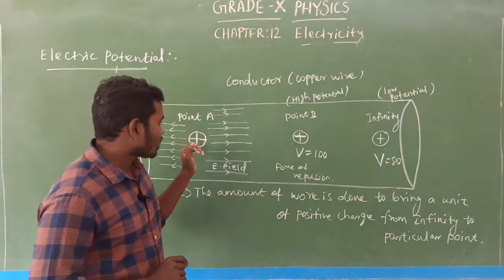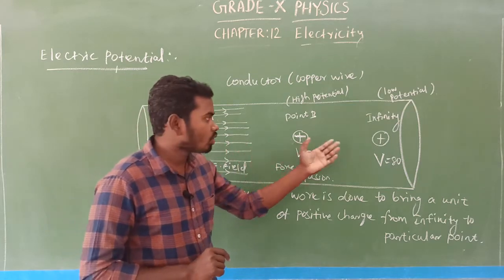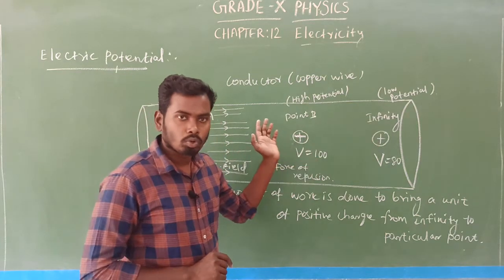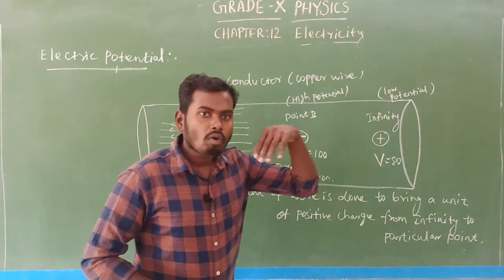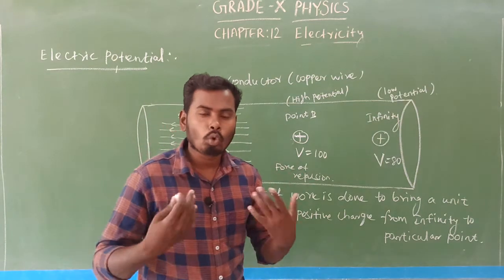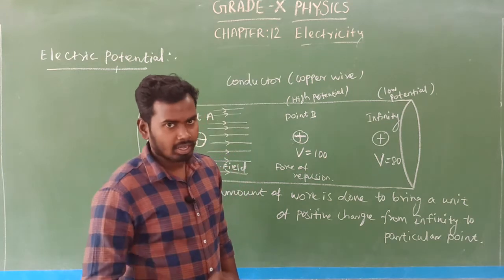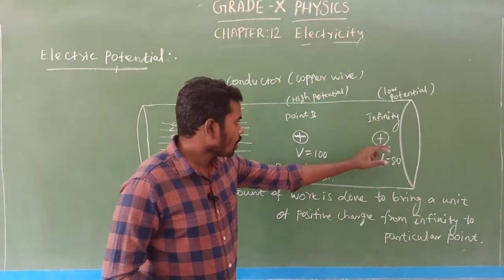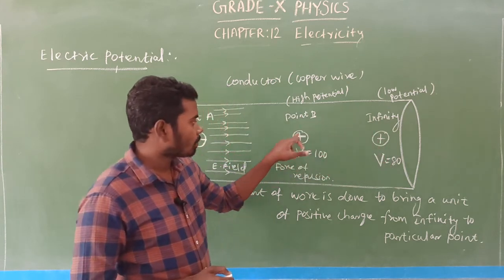Because this charge's influence does not allow the charge to come closer because there is repulsive force. To overcome that electric field, we have to spend more energy. Is it clear? Yes.